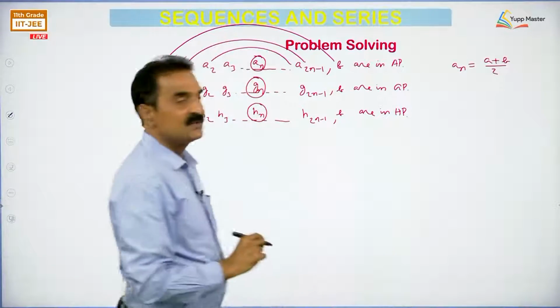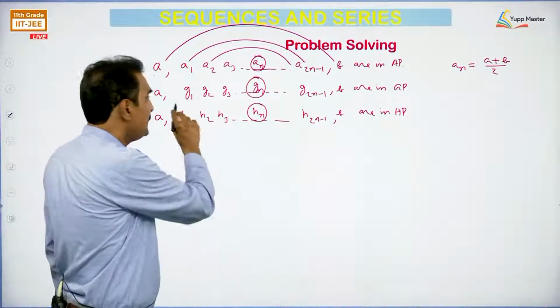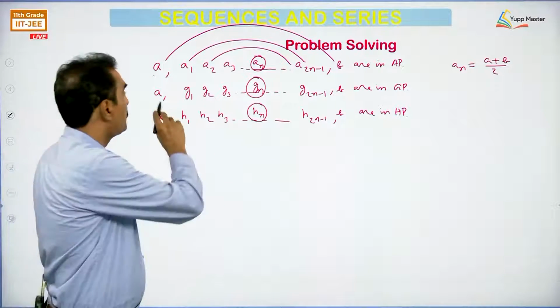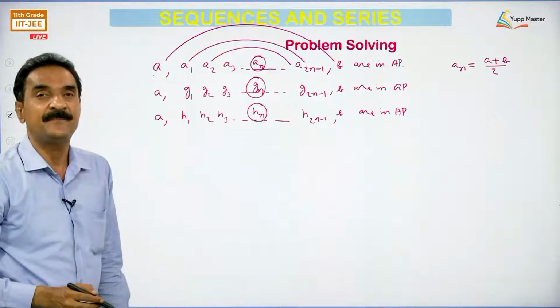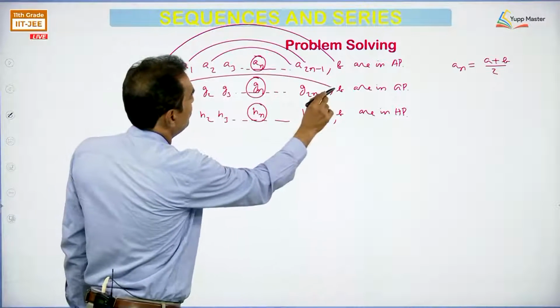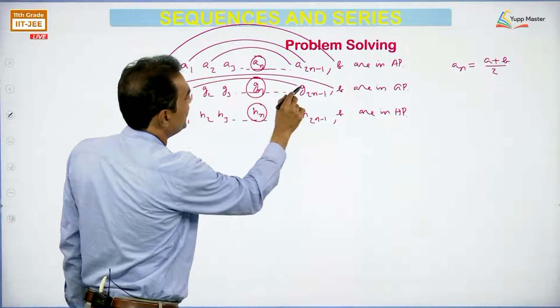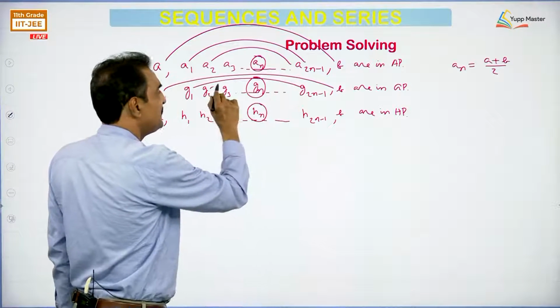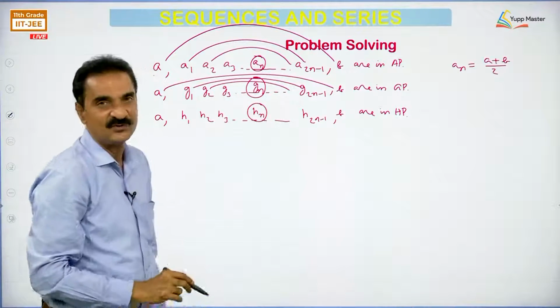Alright. Similarly, in GP what is the property? Product of the terms equidistant from left and right will be the same. That means A into B will be the same as G1 into G2n minus 1, the same as G2 into G2n minus 2 and so on.